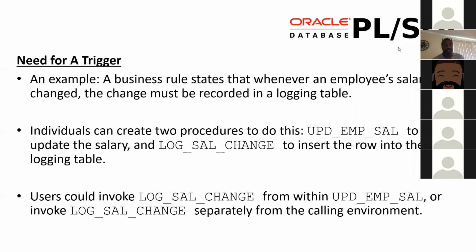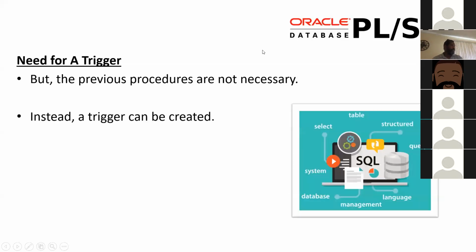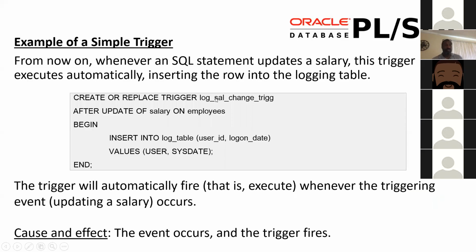You can either create two procedures and call them, update employee salary, then log salary change, and you would have to run both of those procedures. Whereas with a trigger, it will fire based on something that happens in that particular table. So the two procedures aren't necessary. You can essentially use a trigger.